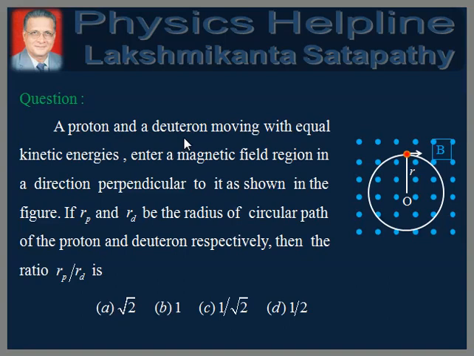They are moving with equal kinetic energies and enter a region of uniform magnetic field in a direction perpendicular to the direction of the field. If the radius of the circular path for the proton is rp and that for the deuteron is rd, then we are required to find the ratio rp by rd.